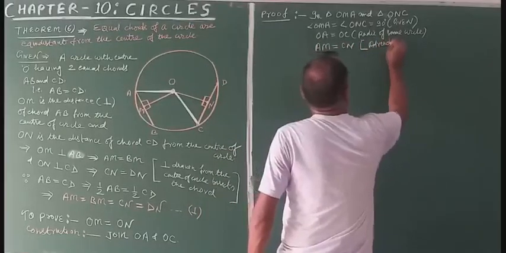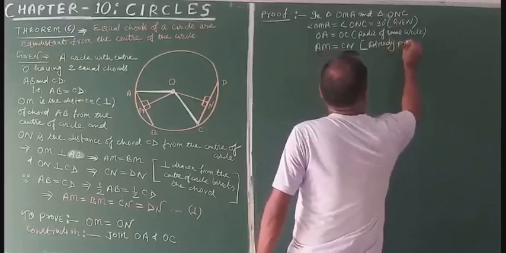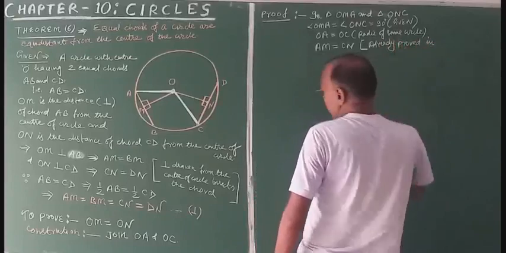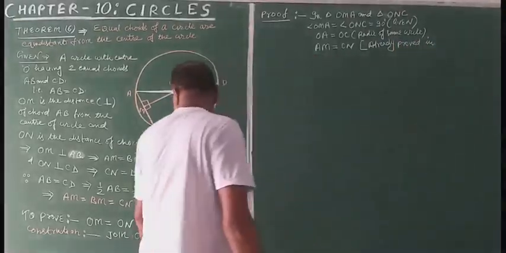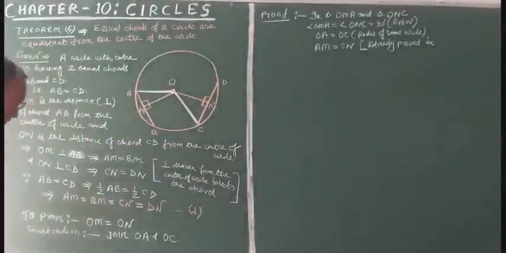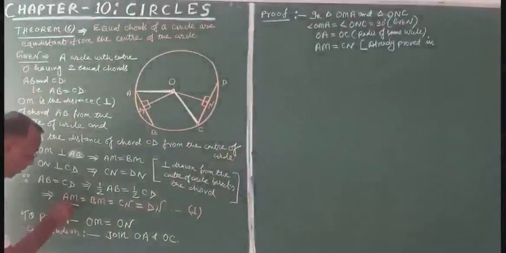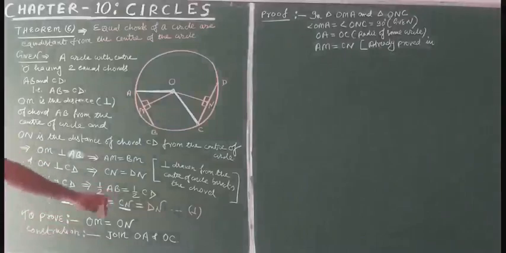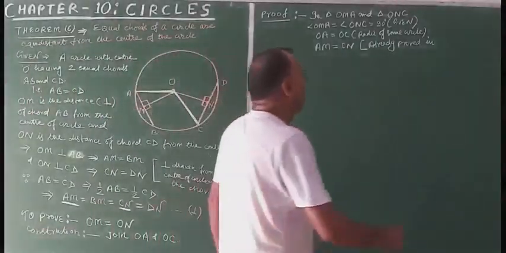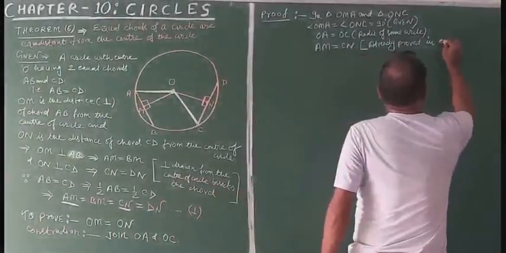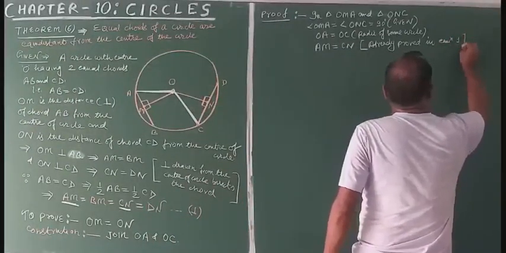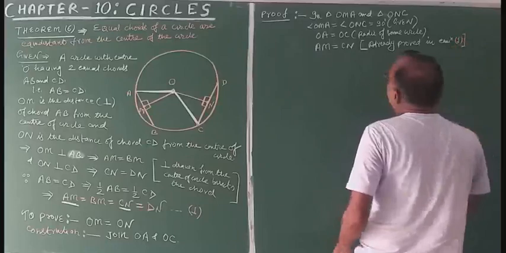Already proved it. Just look here. Here we have proof. AM is equal to CN. Already proved in equation number 1. Now just look here.